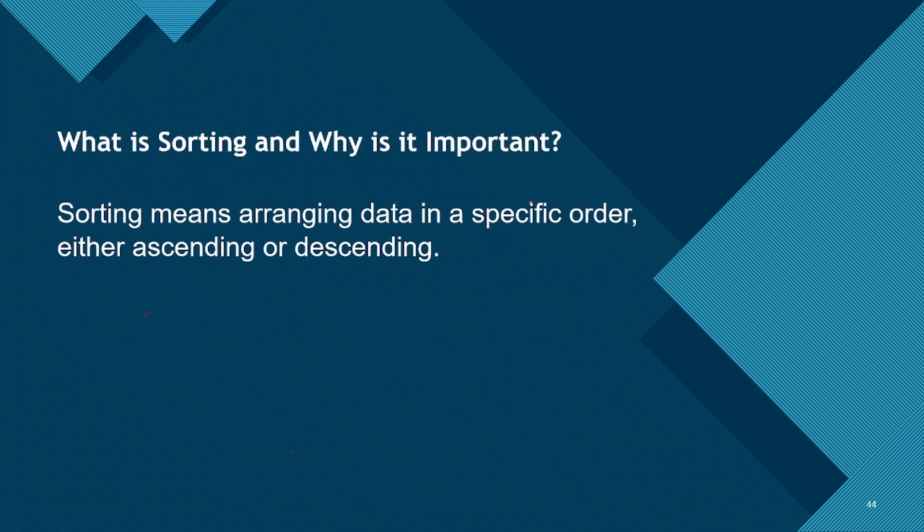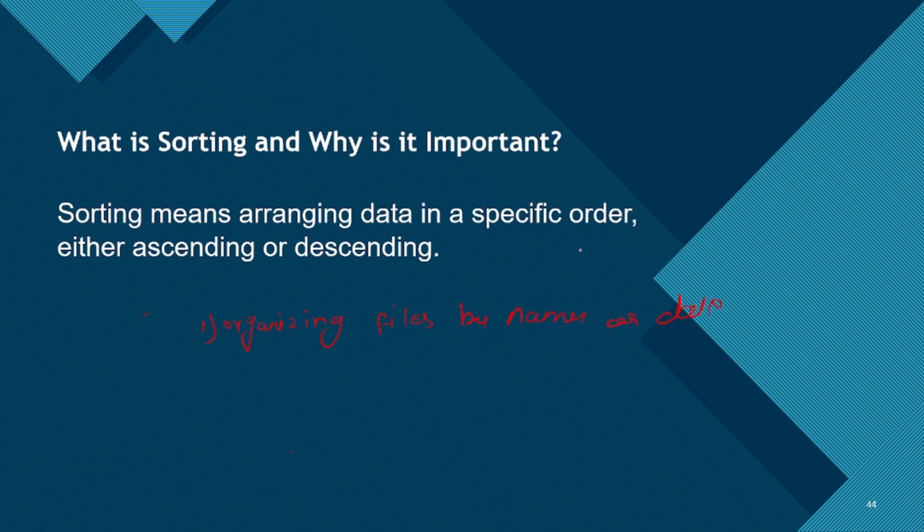The first one is what is sorting and why it's important. Sorting means arranging data in a specific order, that is ascending or descending. It's essential in real world applications like organizing files by name or date.